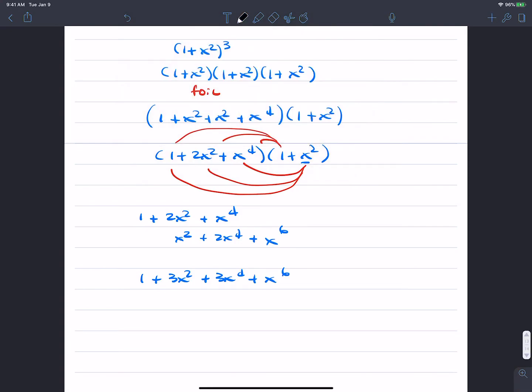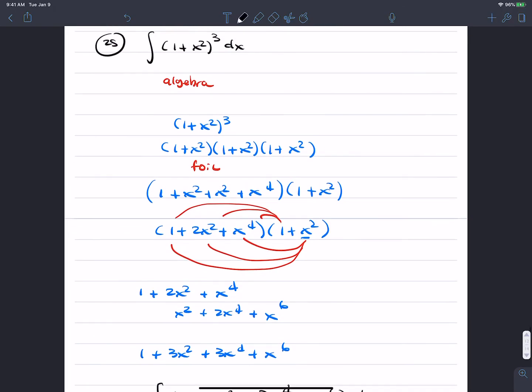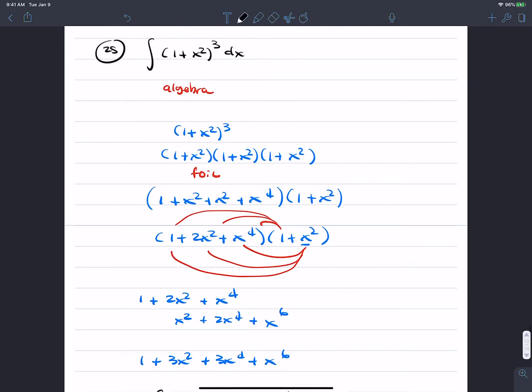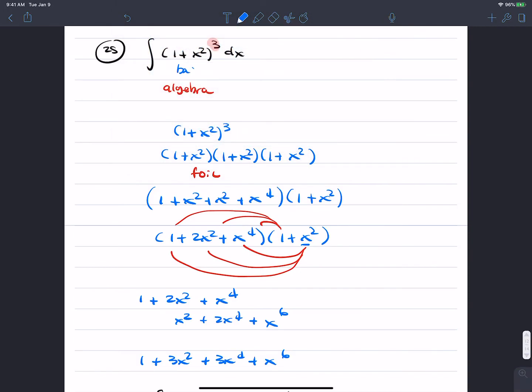So this is what I'm going to have to integrate. So we're going to have to do all this algebra first. Make sure that you raise this to the third power, because that's what you have. You have an exponent, and this over here is your base, so you know that. So you're going to raise that to the third power.